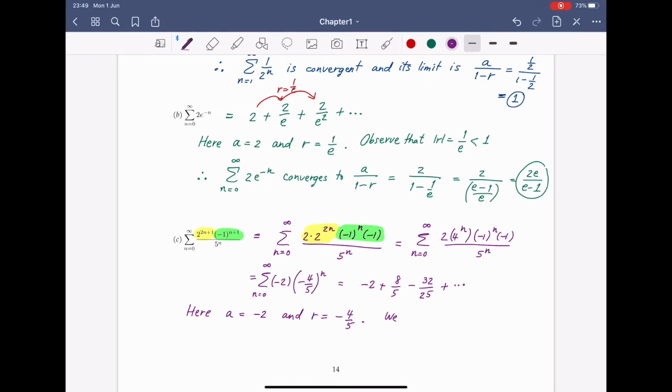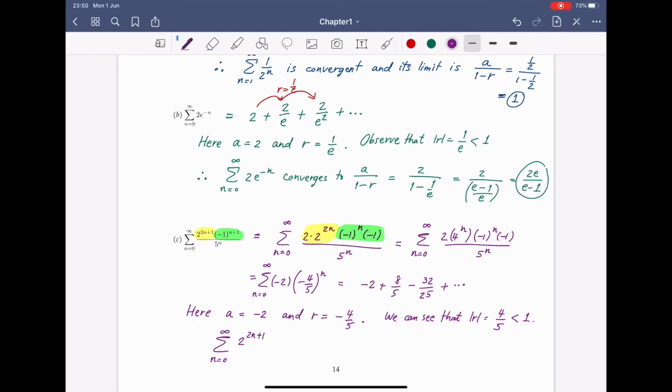We can see that our absolute value of r is 4 over 5, which is also less than 1. So the series is convergent, we know that the series is convergent, right?